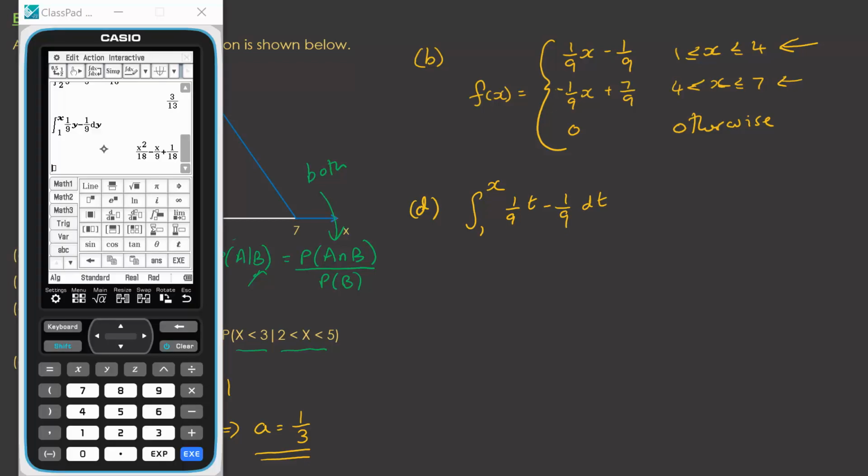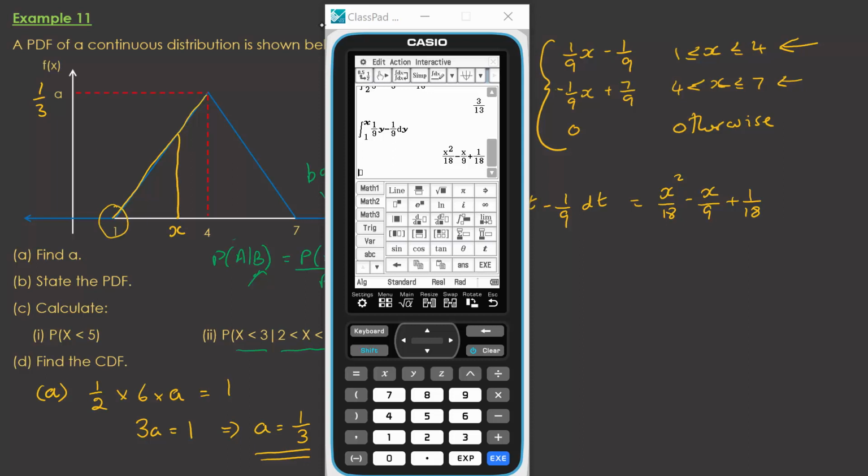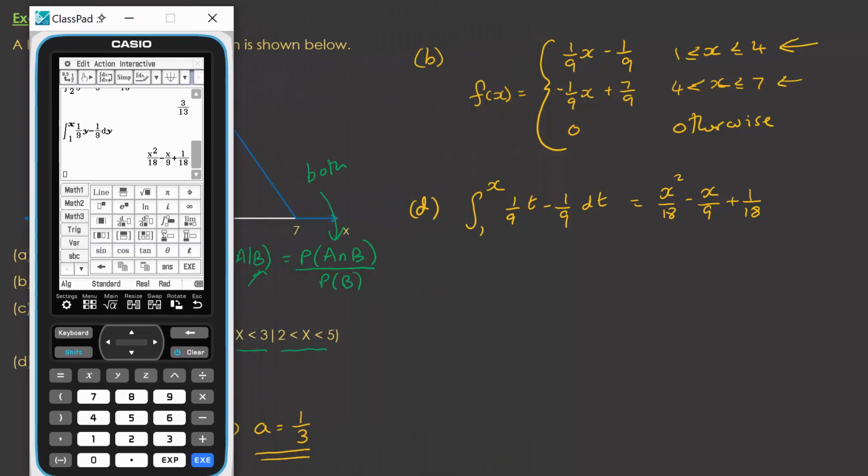And once again, I've already done that on the class pad. So it gives me x squared over 18, take away x over 9 plus 1/18. Now that should be 0 when x is 1, because of course the distribution starts here at 1. And indeed that would be 1/18, add 1/18, take away a 9th, which is 0.